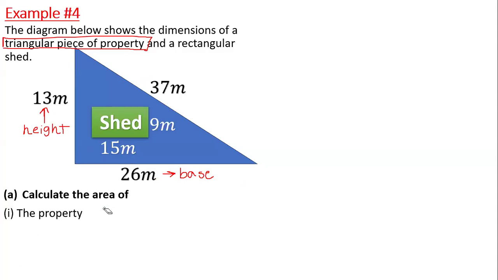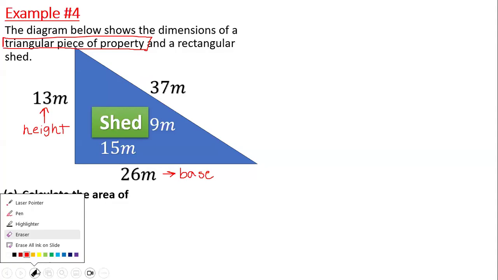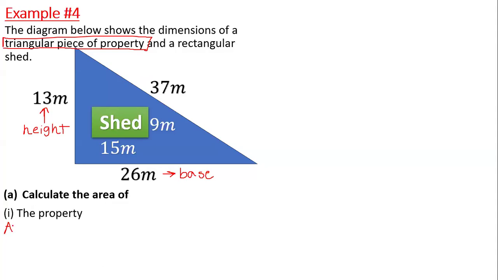So there are persons who were saying that earlier, and you are right. So we have to do area is going to be equal to base multiplied by height divided by 2. What is the base?